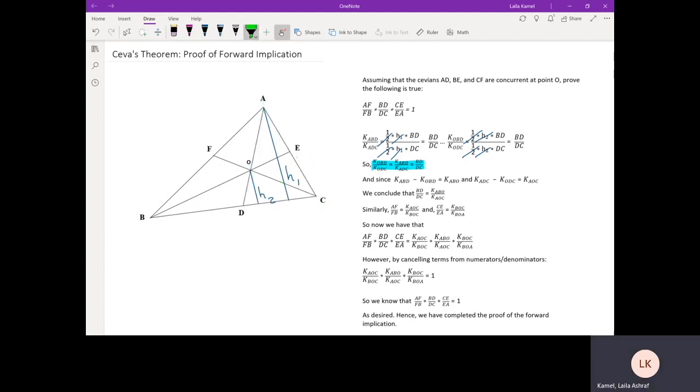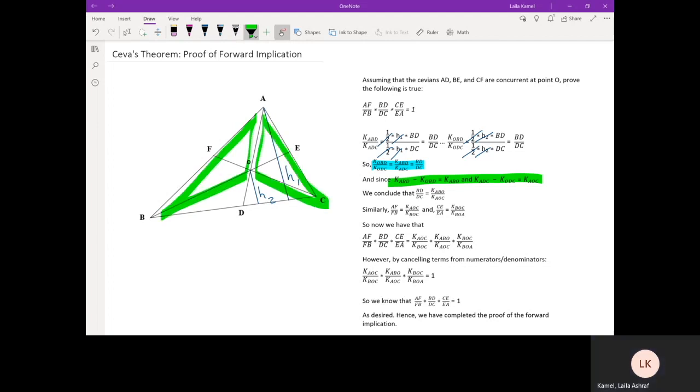So that's what this says right here. Using these two facts, we can conclude that BD over DC is equal to the ratio of these two smaller triangles, ABO and AOC.